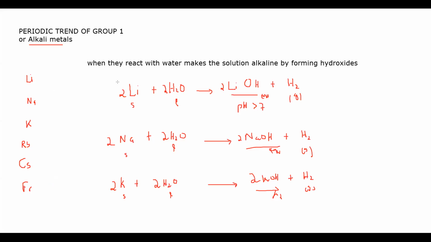But the first part is why we call them alkali metals: because they react with water and make the solution alkaline. Same thing if rubidium, which is Rb, reacts with water. What will it form? It will form rubidium hydroxide plus hydrogen.